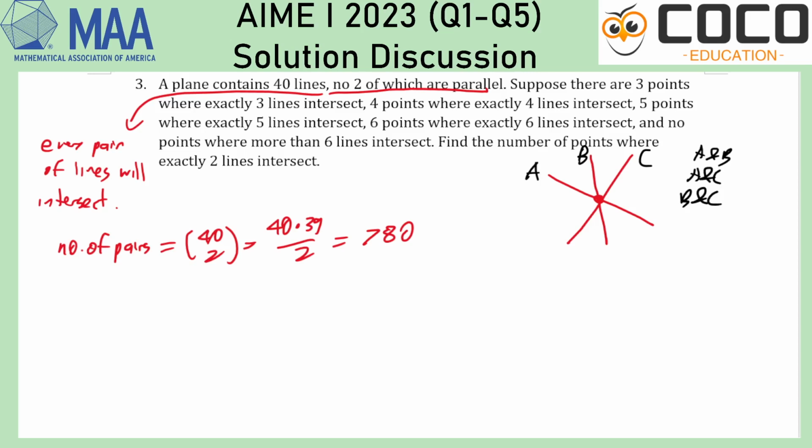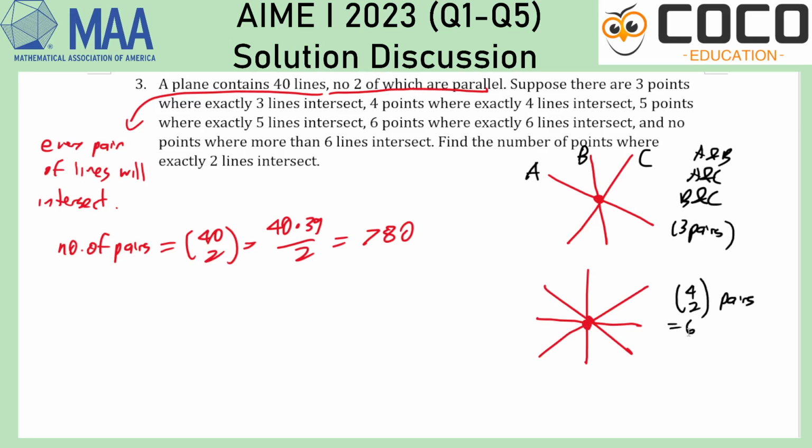So this one point basically corresponds to 3 pairs. And if you have now got 4 lines intersecting at a point, then there would be 4 choose 2 pairs, right? And so this is the idea.